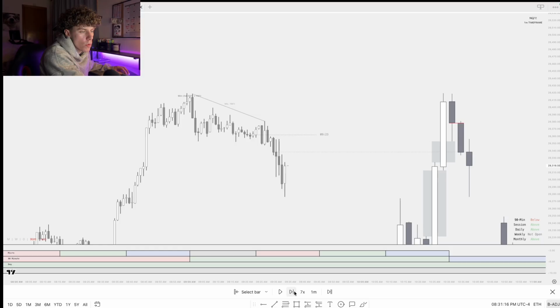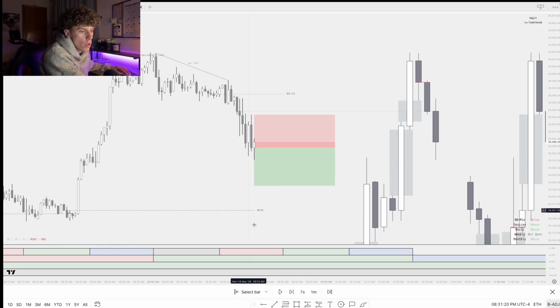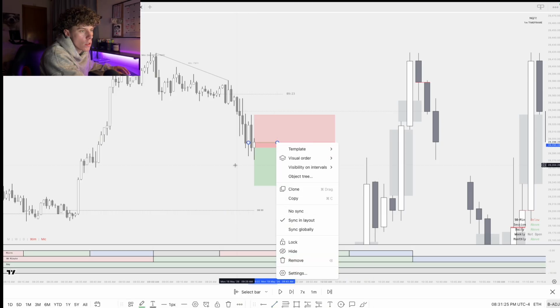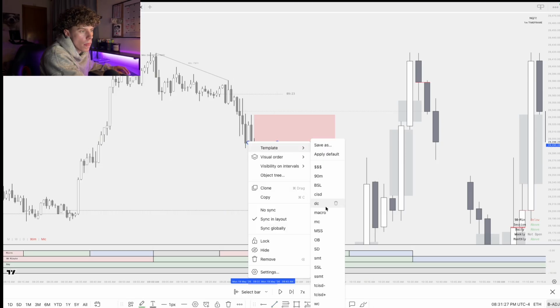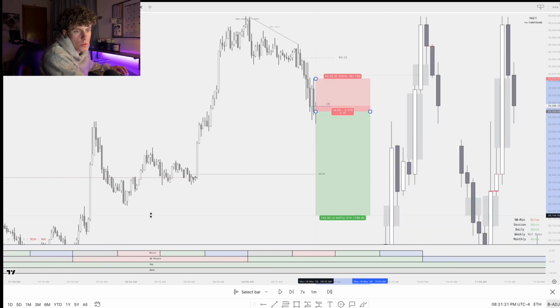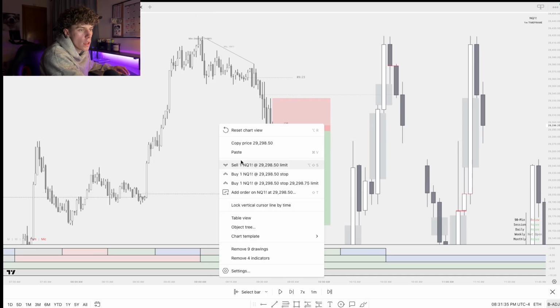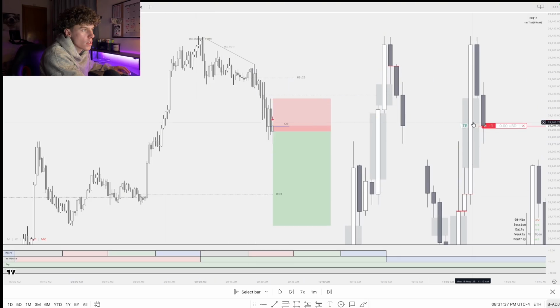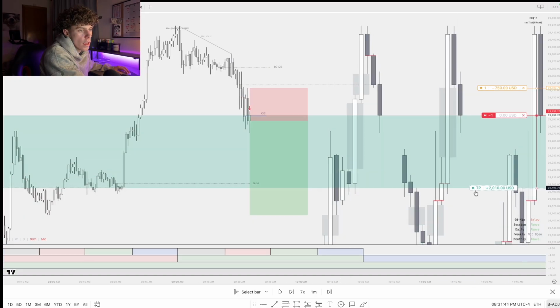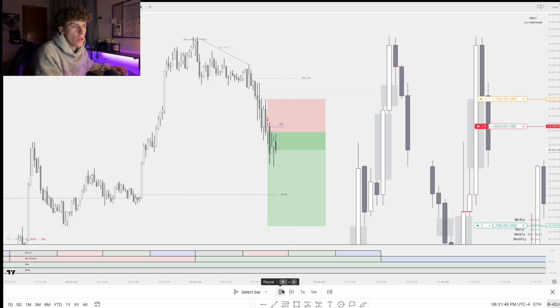So we can wait for this OB to form, which we have right here, and aim for low-hanging fruit, which would be this low here. Look to take an entry. We can sell one, stop at the high, and targeting our low-hanging fruit. We can see if this plays out.